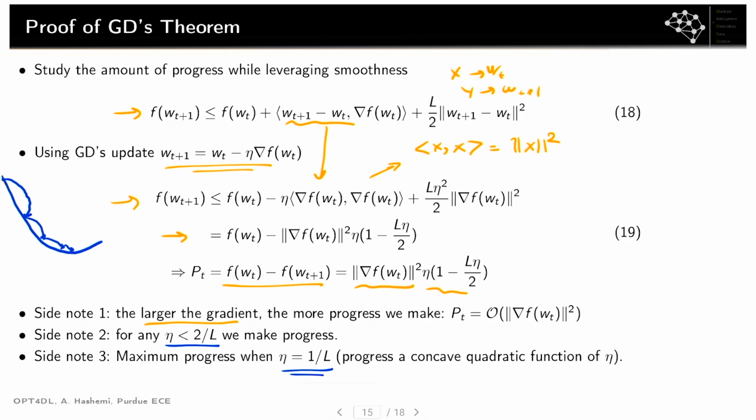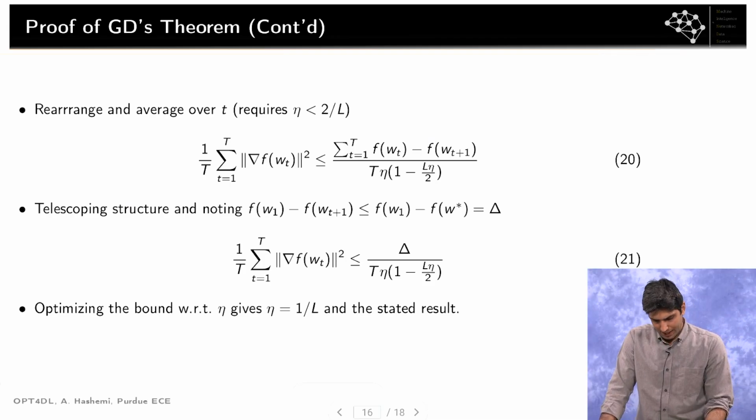So essentially, the best constant step size is 1 over L, because that ensures we are making the maximum progress in each iteration. With that, let's carry on with the rest of the proof. And the rest is actually almost trivial.